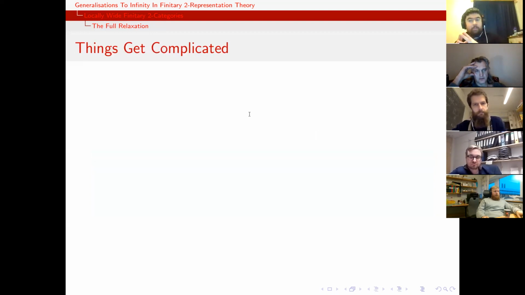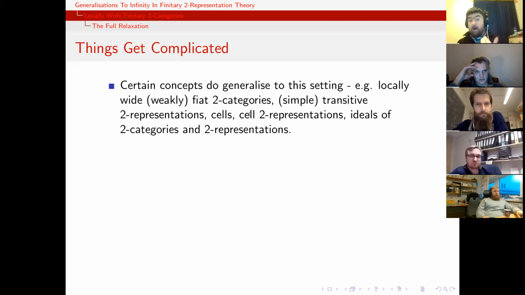However, this is a much more complicated setup than the locally finitary case. There are certain concepts that do generalize nicely. As you might have guessed from the previous couple of slides, fiat and weakly fiat still hold. Transitive and simple transitive two representations, now that we're assuming local Kohl-Schmidt, can be reasonably defined, as can cells and cell two representations, and then obviously the ideals.